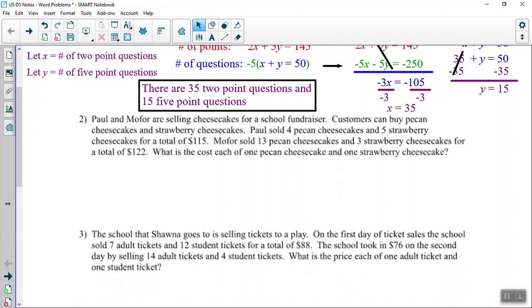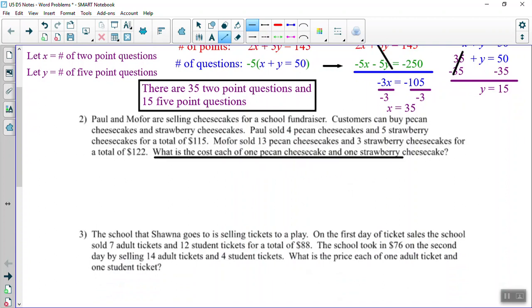All right, so this part right here, what is that cost? That's where we're going to pull our variables. This is our unknown. Okay, so this part here is our unknown. So we don't know the cost of 1 pecan cheesecake, and we don't know the cost of 1 strawberry cheesecake.